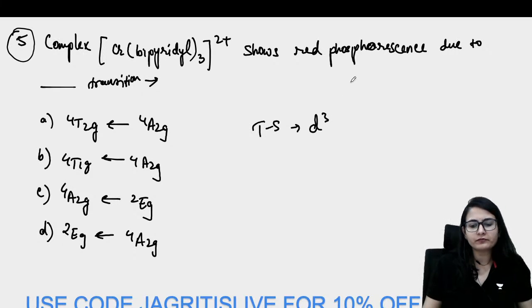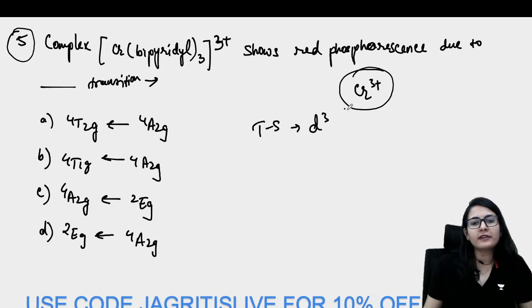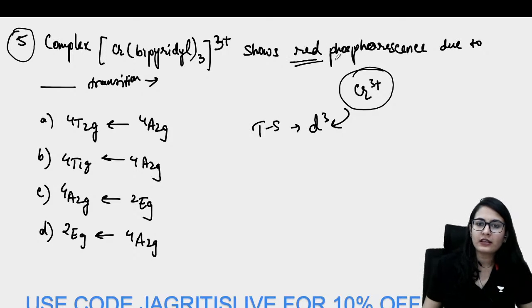You'll be able to see all the types of transitions, and which one is inter-system crossing, giving you the red phosphorescence. We have discussed all of that.